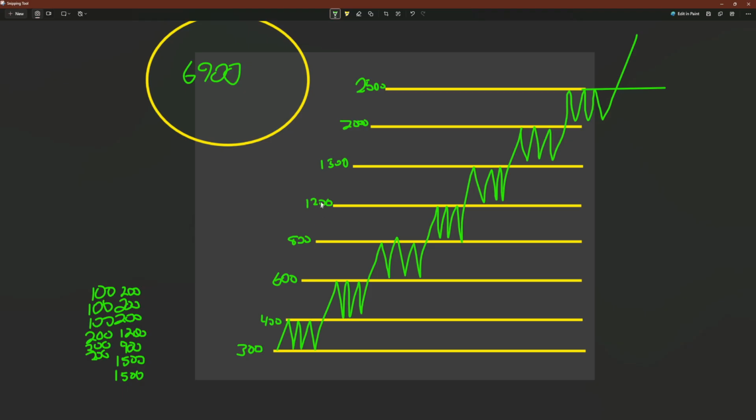We can do that. 1,200 to 1,500, that's a 25% profit. We can do that. 1,500 to 2,000, that's a 33% profit. We already did it a whole bunch down here. Let's do it again. 2,000 to 2,500, that's a 25% profit. We just did that back here. We can do it. Does that make sense?